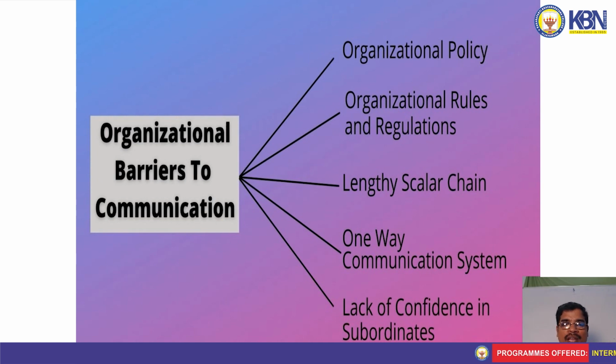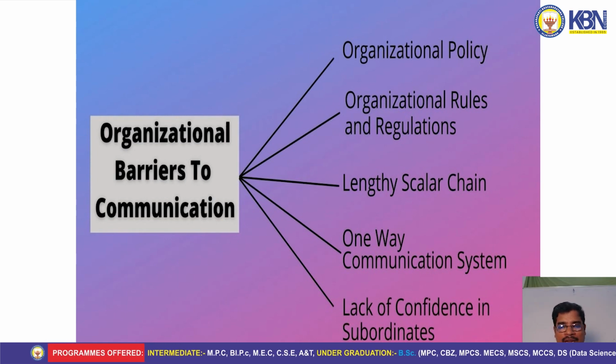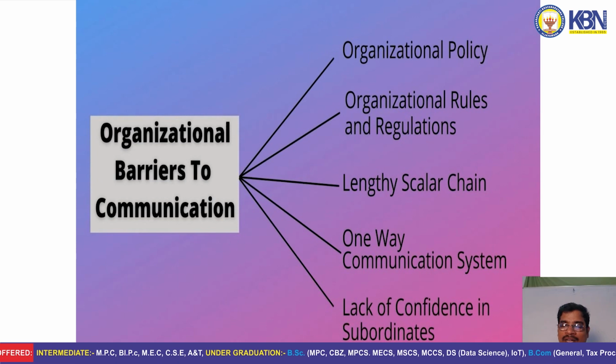If there is only a one-way communicational system, if I am not allowing my audience to respond on the ongoing topic, if I am not taking other people's opinions into consideration, that leads to ineffective communication, and even lack of confidence in the subordinates.